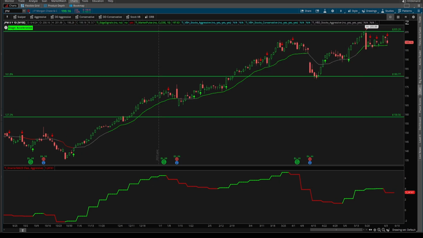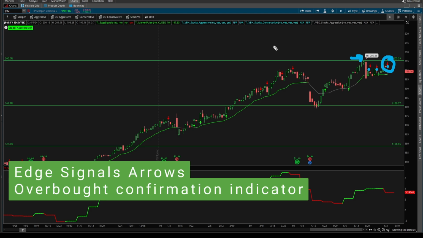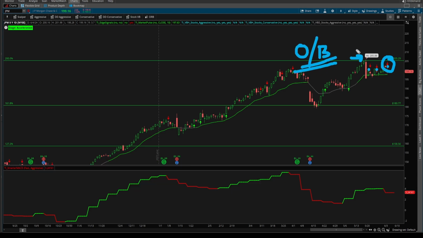Now, to help add to this idea, we also have some of our overbought signals. On the daily time frame, we have a total of 4. You have one hiding behind the chart bubble, that's the red arrow, another here, and another with today's candle. These red arrows are the Edge Signals confirmation, and that's our overbought signal telling us that we're expecting price to take a little bit of a pause here and revert back to the mean.